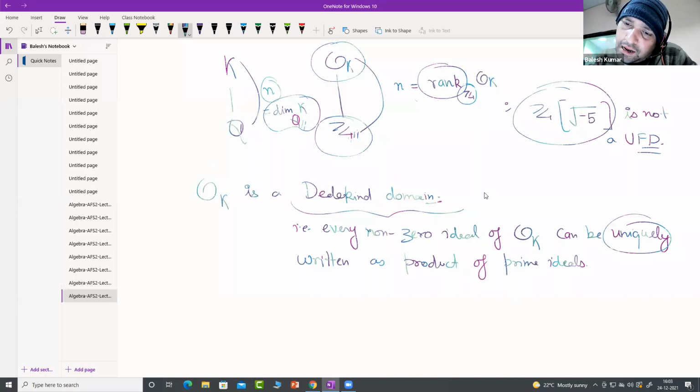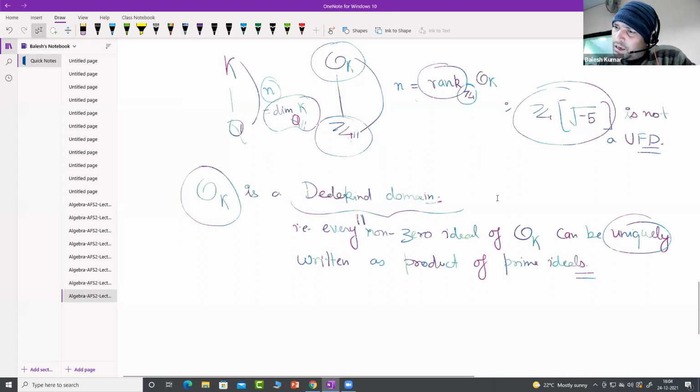But if one looks at factorization in terms of ideals, ignoring the ambiguities from units and associates, O_K has such a nice property. In fact, the definition of Dedekind domain can be taken to be this: an integral domain in which every non-zero ideal can be uniquely written as a product of prime ideals.